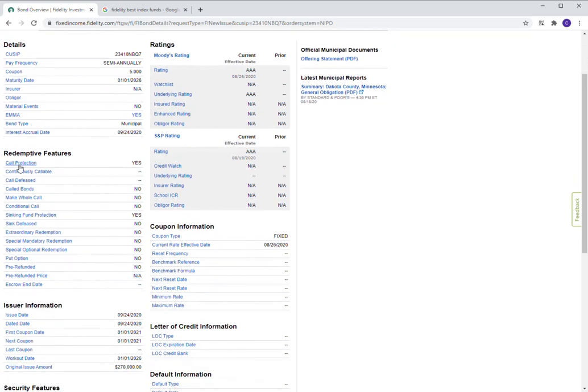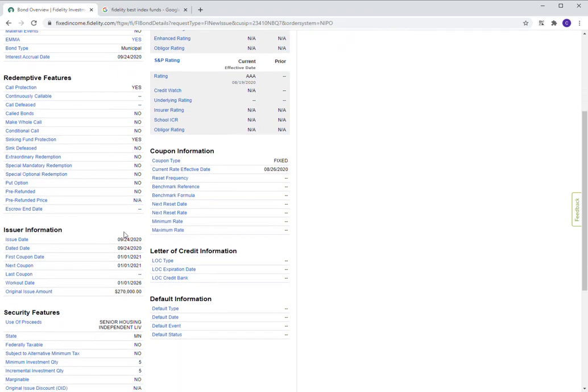There is call protection, meaning that the issuer can't suddenly decide to take your bond back and then reissue bonds at a lower interest rate. So you're protected there. The issue date is going to be 9/24/2020, and the first coupon date is going to be January 1st of 2021. So here's where you can find all that general information about the bond.